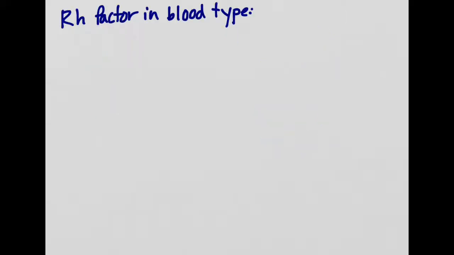Unfortunately for us, blood type isn't just type A, type B, type O, and type AB. There's another component to our blood type, which is called the Rh factor. So you could have people that are either going to be Rh positive or Rh negative in their blood.